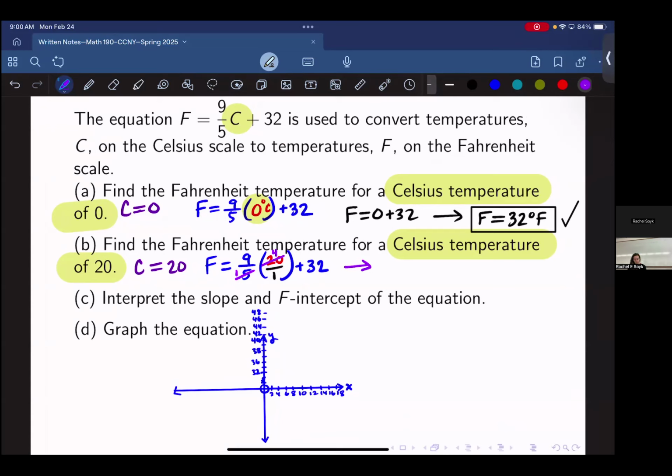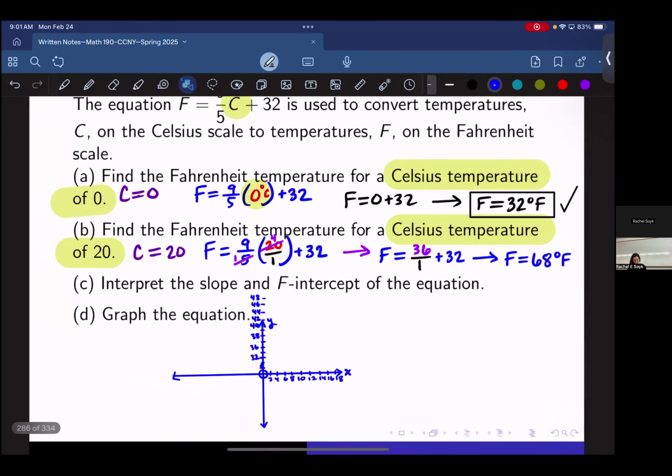So now we're just dealing with our 9 times 4, which just gives us 36. And then 1 times 1 in our denominator is just 1. So we're just adding 36 and 32 together, which tells us that when our Celsius is 20 degrees, our Fahrenheit is 68. And we're done.